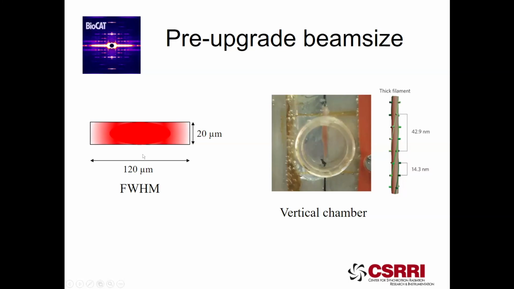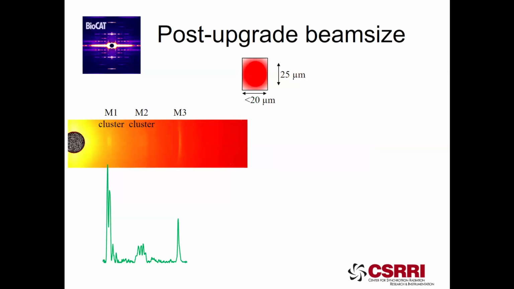In some cases it's inconvenient to put things in vertical. But now the beam is actually smaller in the horizontal orientation. We don't need to put the muscle vertical anymore, and we can fully resolve the very crowded structures on the meridian.